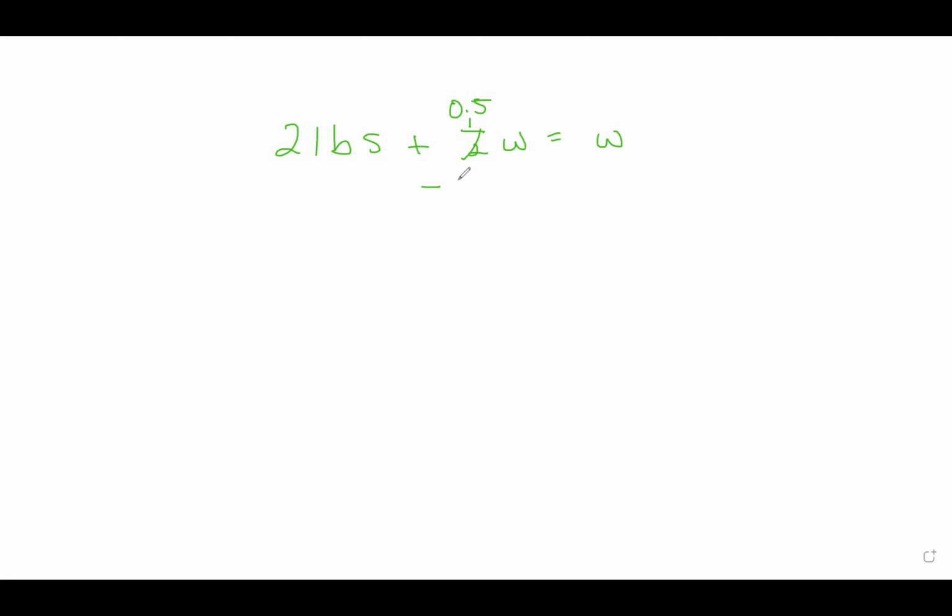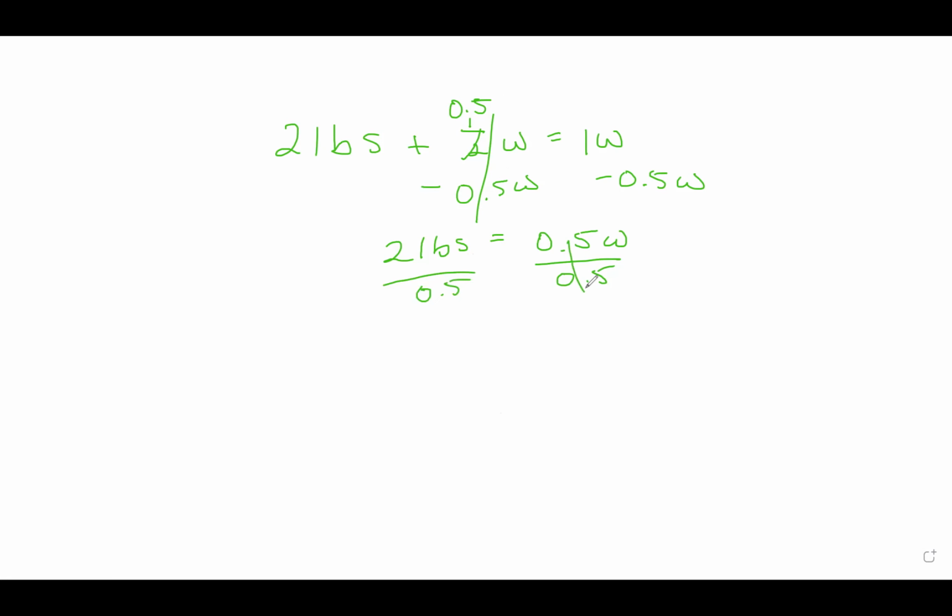So I'm going to subtract 0.5 W from both sides, because these will then cancel out, and I get 2 pounds is equal to 1 W minus half a W, which is half a W. Okay. I divide both sides by a half.